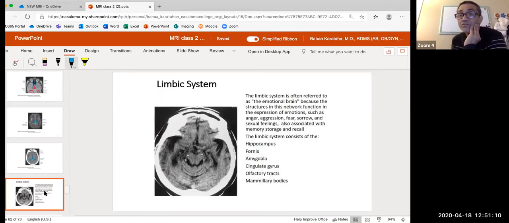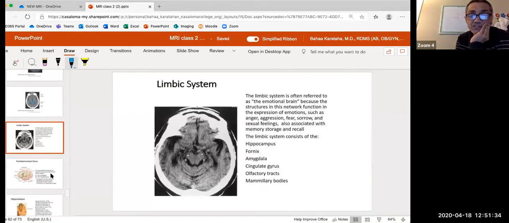What are those structures? Number one, hippocampus. Number two, fornix. Number three, amygdala. Number four, cingulate gyrus, olfactory tract, and mammillary body. We'll talk about each of those by itself.